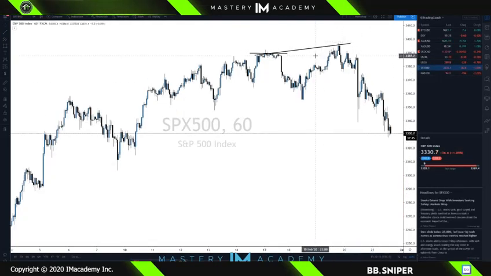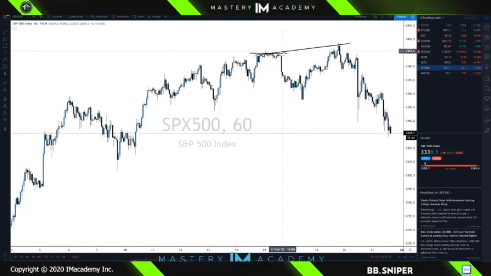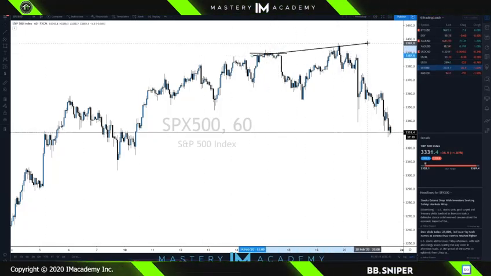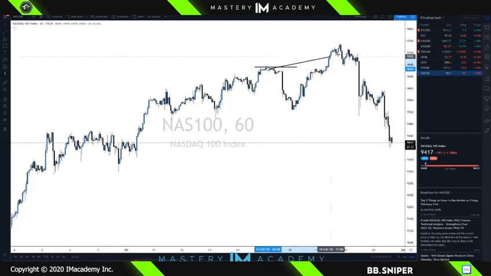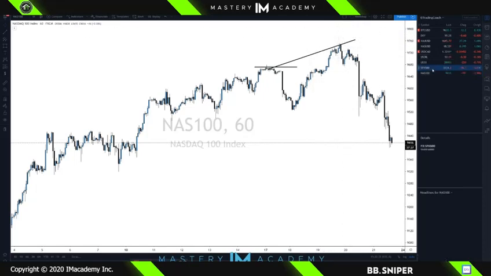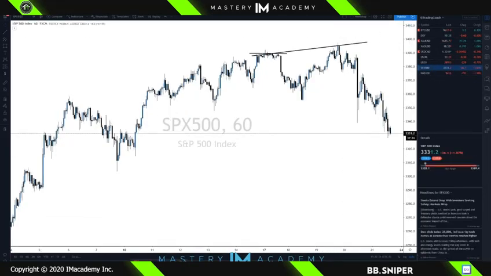If we compare that with S&P, here is its old all-time high, and then on Tuesday, we had a higher high. NASDAQ, same thing. Old all-time high. On Tuesday, we had a higher high. And so we had the high of the week for NASDAQ and S&P 500. It was set on Tuesday during Asian session, right?